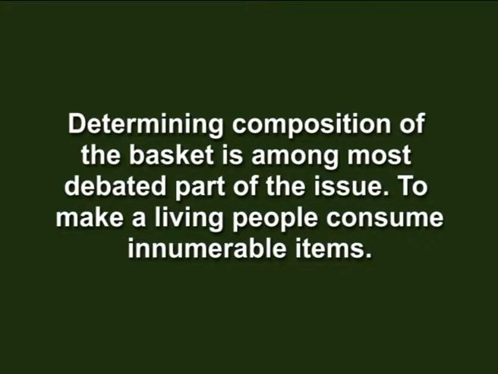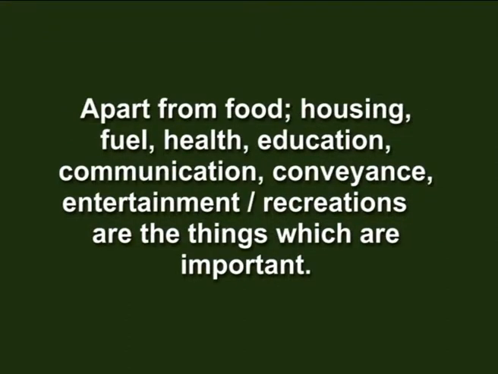Secondly, we consider the poverty line basket. Determining the composition of the basket is among the most debated parts of the issue. To make a living, people consume innumerable items. Apart from food, housing, fuel, health, education, communication, conveyance, entertainment, and recreation are the things which are important.